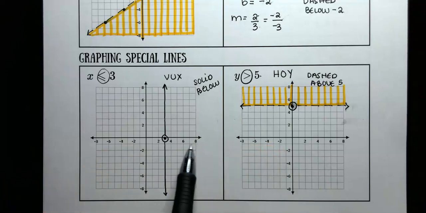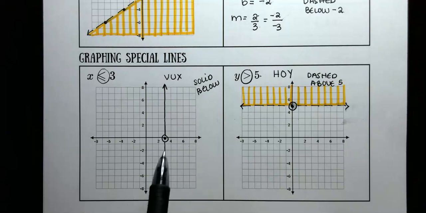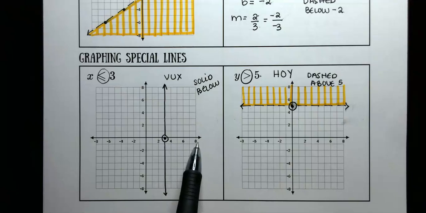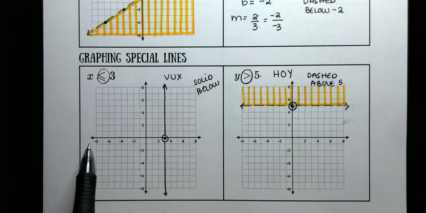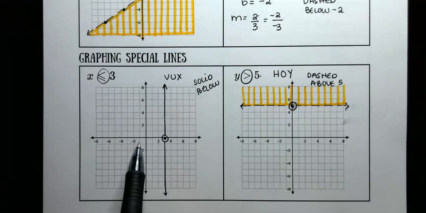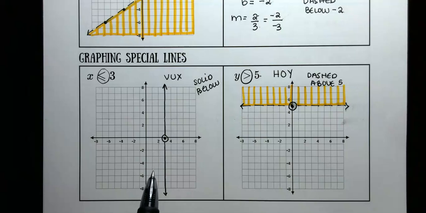So you're going to have to look at your x-axis and ask yourself, where are the numbers that are less than 3? Are they to the right? Are these numbers less than 3? No. Are they to the left? And notice that these numbers here, like 2 and 0, are less than 3. So that means instead of using above and below, we're going to use left and right. So we're looking for numbers less than 3.